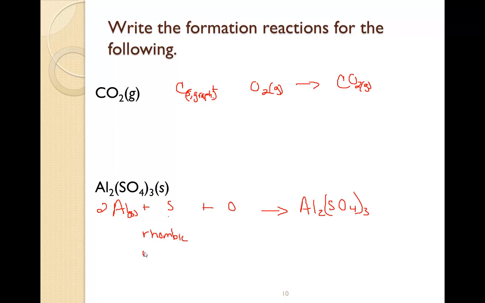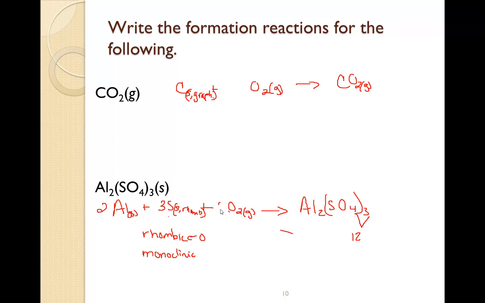You'll find that the rhombic is the one that's 0. So we're going to use that. So in solid rhombic form. Now let's look at how many we need. There's 1 here times 3, so we need 3 of them. Then oxygen is supposed to be O2, and it's a gas. There's 12 divided by 2 is 6.